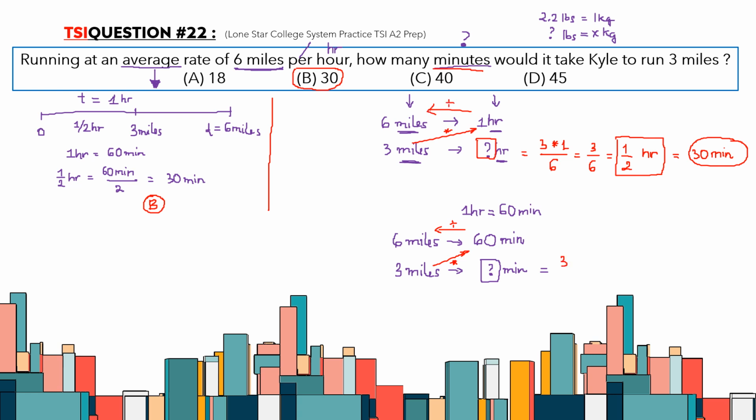So it's going to be 3 times 60, divide by 6. Now 60 we can write as 6 multiplied by 10 over 6. We cancel out the 6 right here. We have 3 times 10 over 1. 3 times 10 is 30, and then divide by 1. That equals 30 minutes as well. So anyway, any method, we will have the same answer.